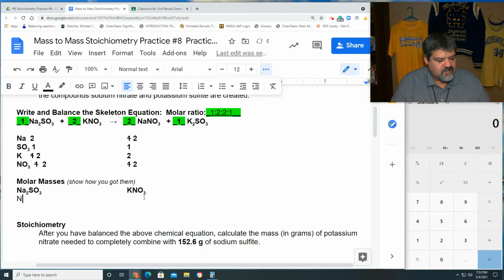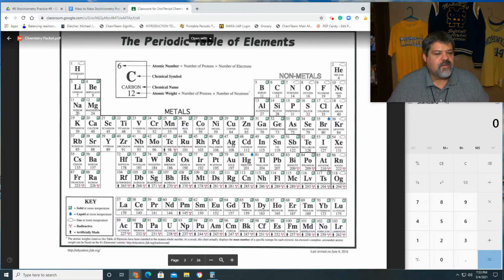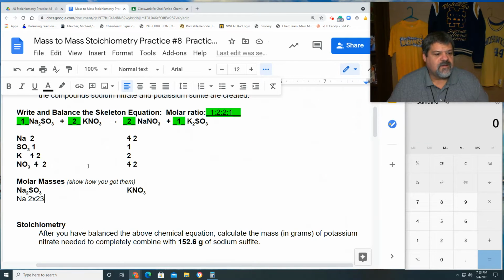So we have sodium. We have it 2 times, I believe it's 23. But let's go take a look at our thing. Our sodium is right here. It is 23. Okay. So let's get back to this, and that's going to equal 46. Okay.